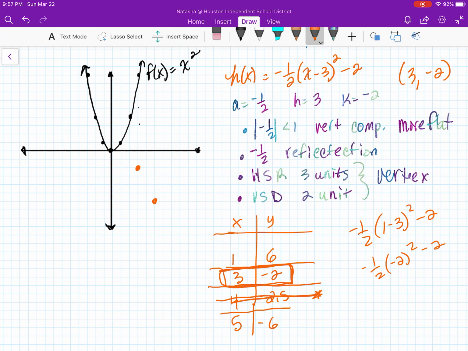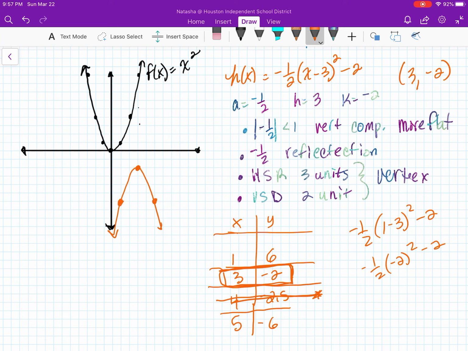So I'm going to go over 1 and then down 1, 2, 3, 4, 5, 6. If you notice, from the parent function, I didn't go right 1, down 1. I went right 2 and then down 4. So I have a much wider curve than I originally had.